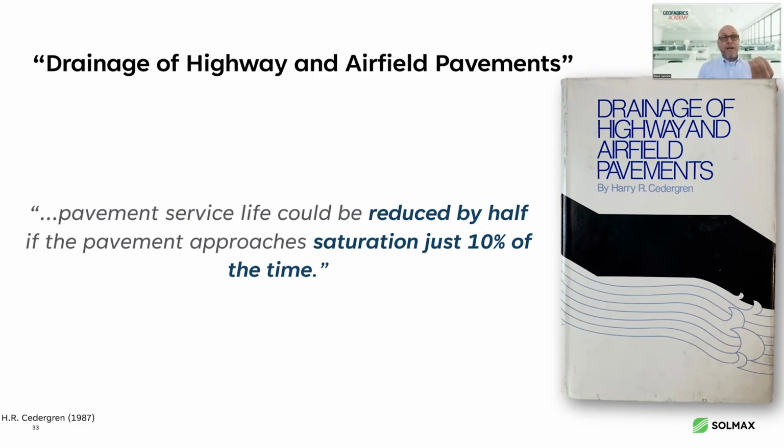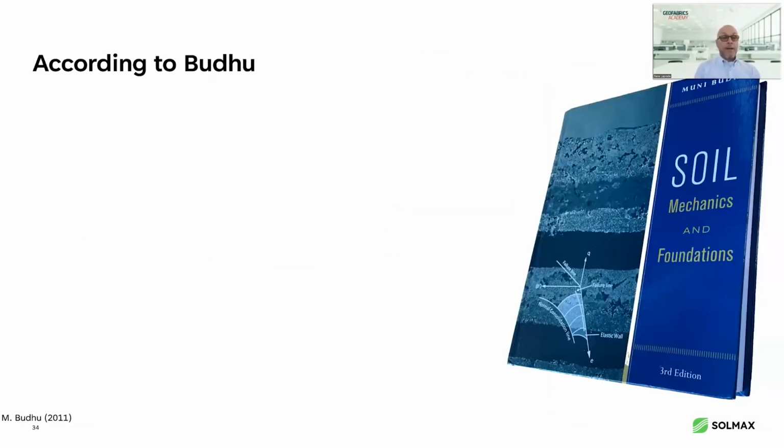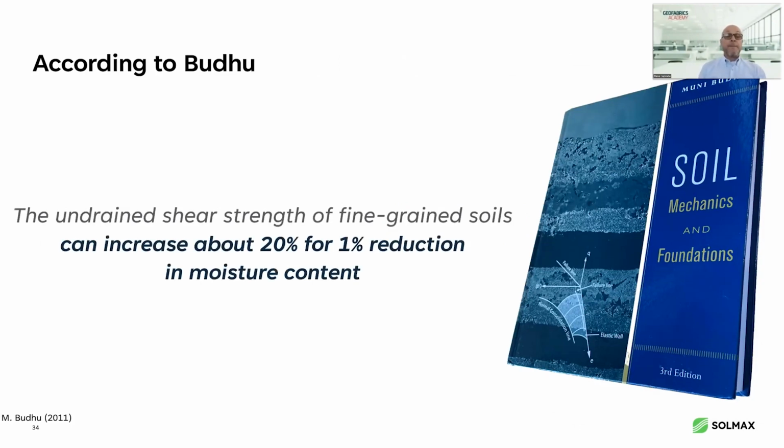Now, what about fine-grained soils? Well, according to Muni Budhu's textbook on soil mechanics and foundations, he indicated that the undrained shear strength of fine-grained soils can increase by 20 percentage points for every 1% reduction in moisture content. So that 3 to 4% moisture content drop that I showed you in that silt column, when I originally saw that, I wasn't that excited about it.